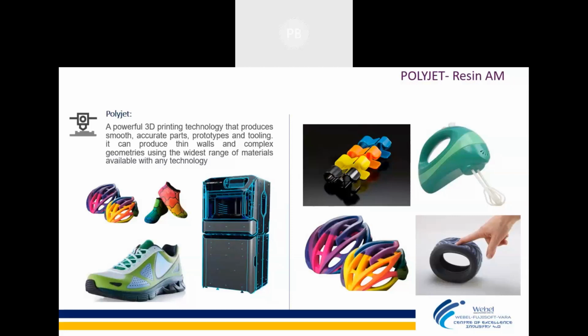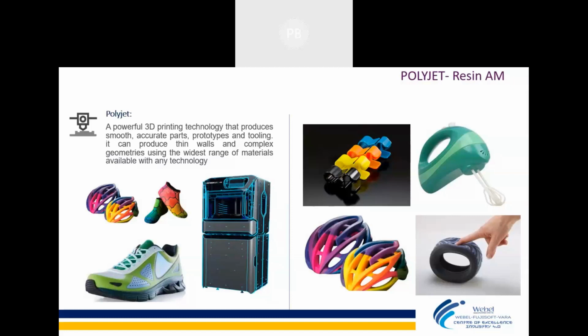Now you may have a question: if it is a liquid, how will it become solid? Because we need a solid part for 3D printing, one we can feel and touch. Once the liquid is deposited, there is a UV light. These liquids are photosensitive, so once they come into contact with light, they harden and get solidified.